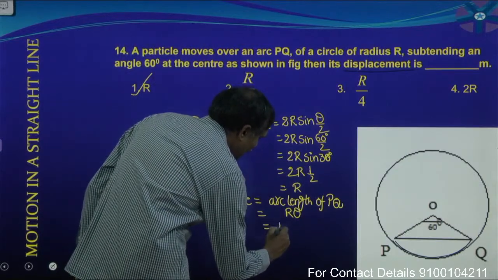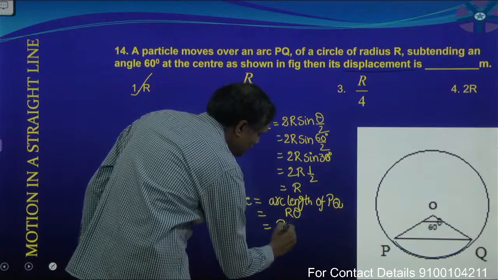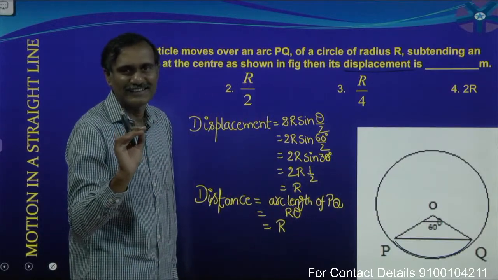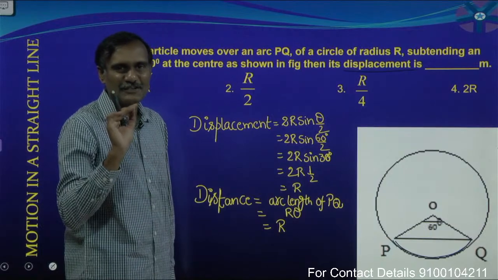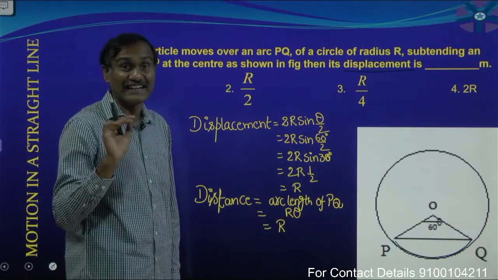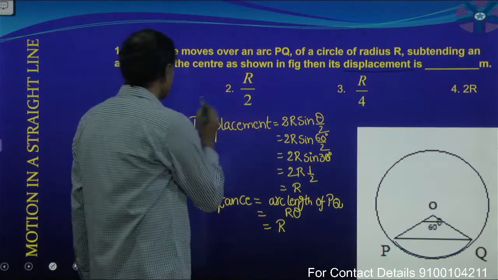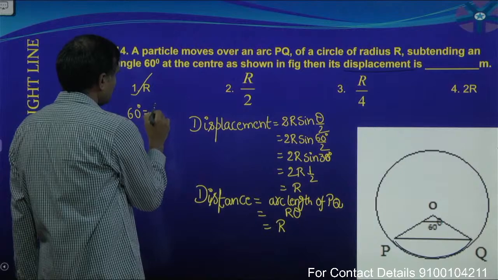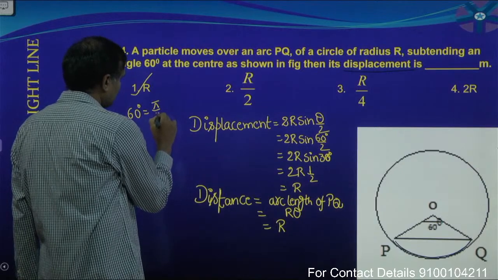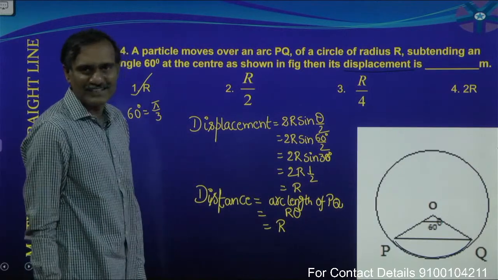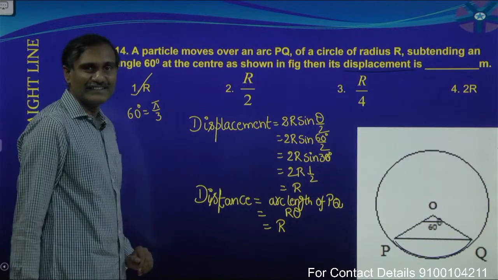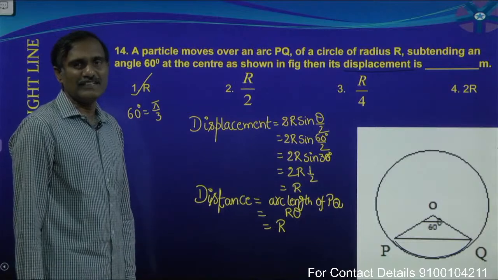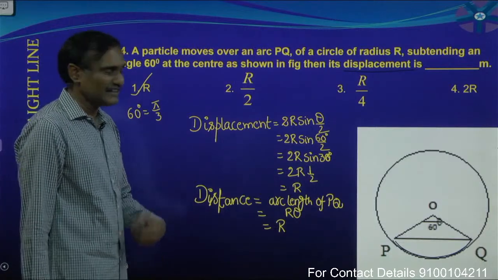R into theta means how much here? Don't substitute it in terms of degrees. You must substitute it in terms of radians. So, 60 degrees is nothing but pi by 3. Is it correct or not? You check it. Pi means 180 degrees, 180 divided by 3 is 60 degrees.